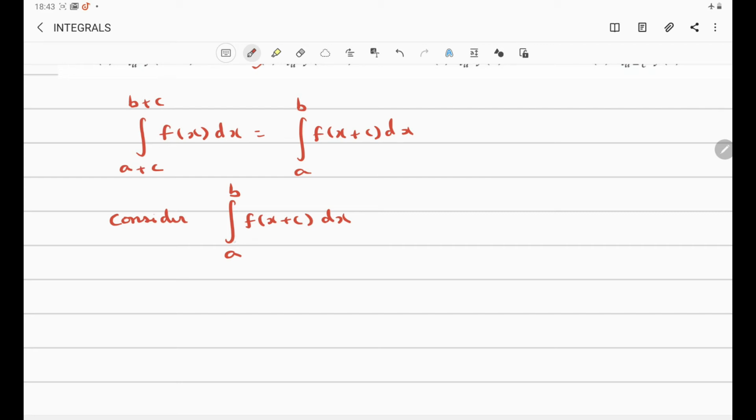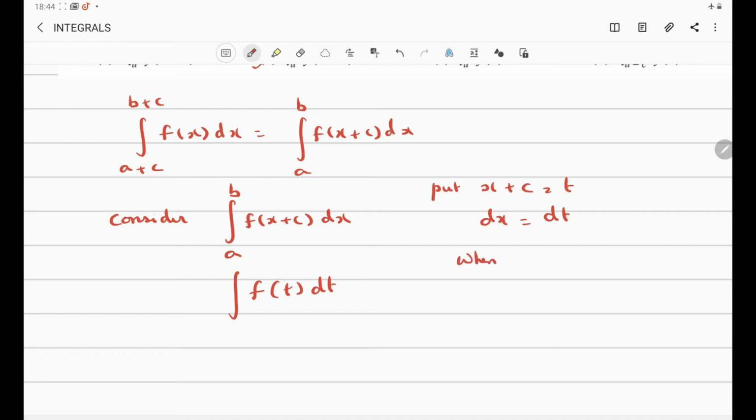Let us put x plus c is equal to t. So we get dx equal to dt. So we write f of, in place of x plus c we write t, and in place of dx we write dt. Now let us see the limits.